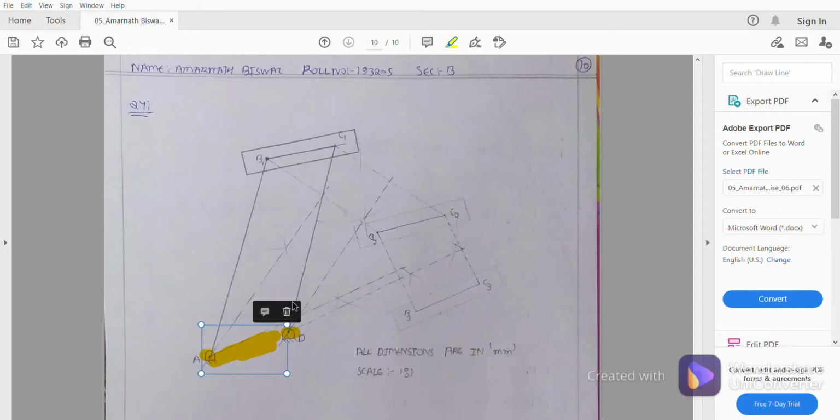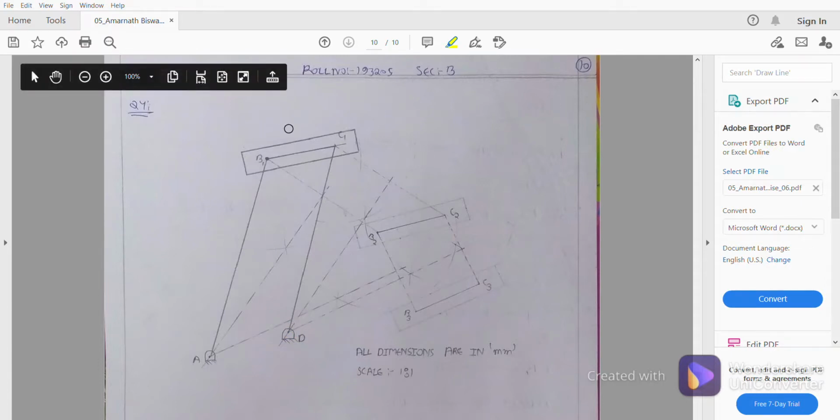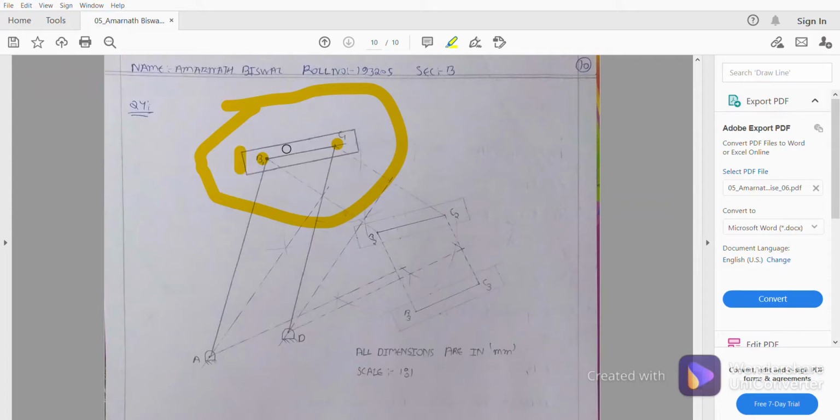So here the procedure is much simpler than the other 3 problems which I explained in the last 3 videos. What we will do here is take any 2 desirable points, P1 and C1, on the rigid body. If you want the dimension, I have taken the distance between this as 1, and this one is also 1 mm respectively.